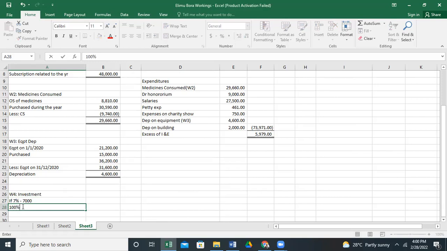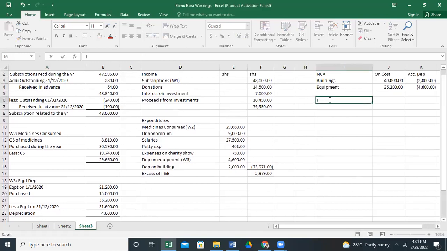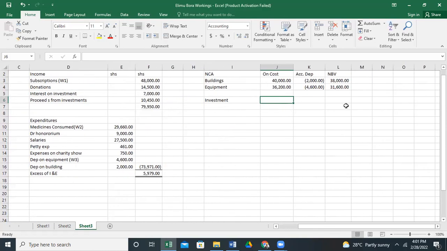Cross multiply. 100% will be 100 over 7 multiplied by 7,000, right? This will give me 100,000. So I'll come here and add my intangible assets. So investment, and my investment is 100,000. So it will go to the last column, 100,000.